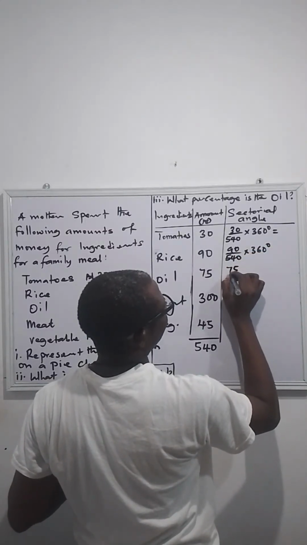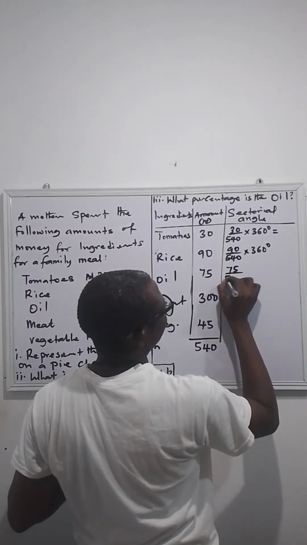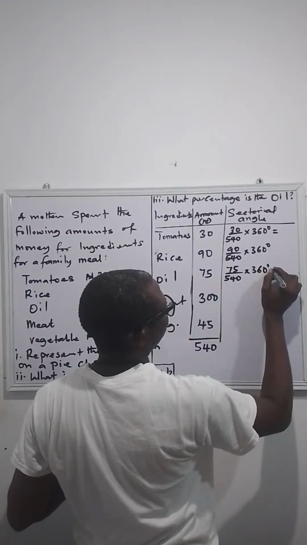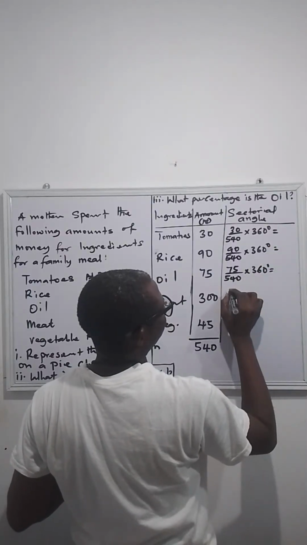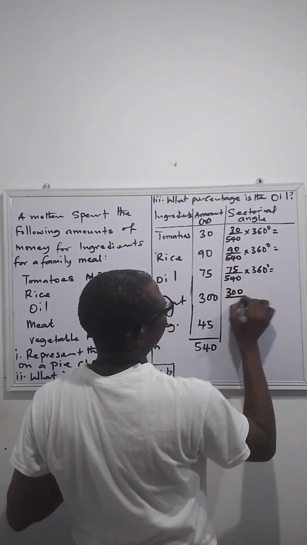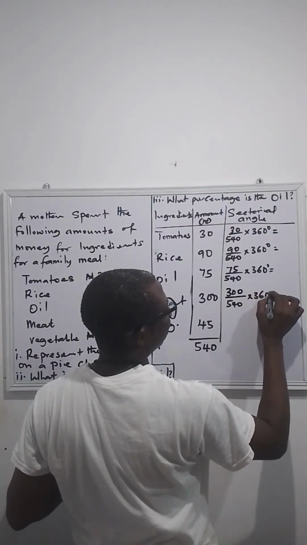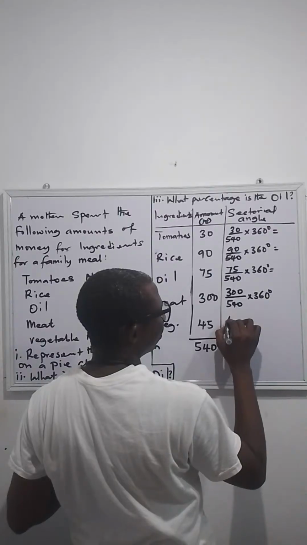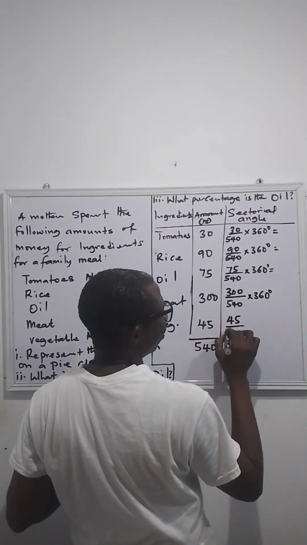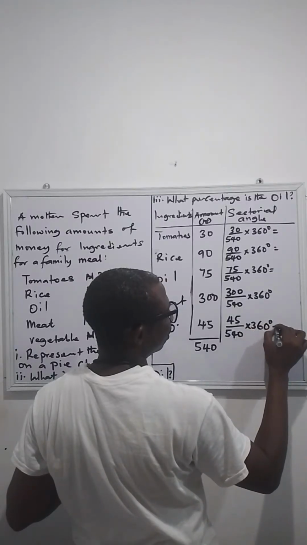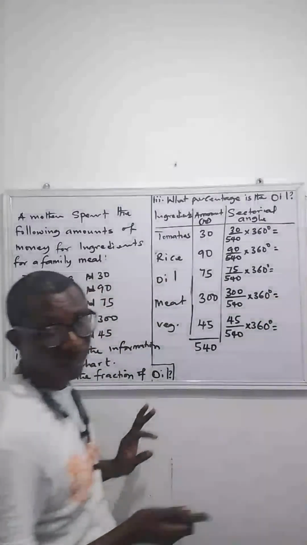Now 75 over 540 times 360 degrees. Okay, so we have 300 over 540 times 360 degrees. And the last one, 45 over 540 times 360 degrees. I hope you understand that.